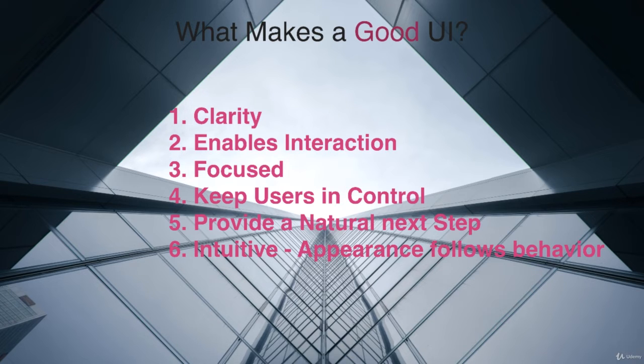And 6, we need to think about intuitive. I touched on some of these topics in previous numbers, but it's very important to understand that the whole idea here is that we want users to feel part of this world that we want them to interact with. The user interface has to be intuitive. Appearance follows behavior. What that means is things need to behave the way we expect.